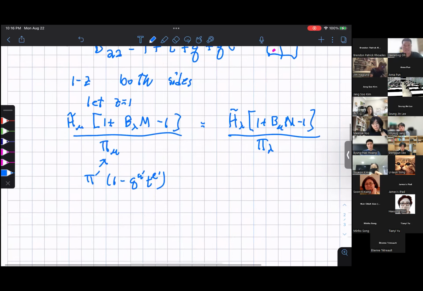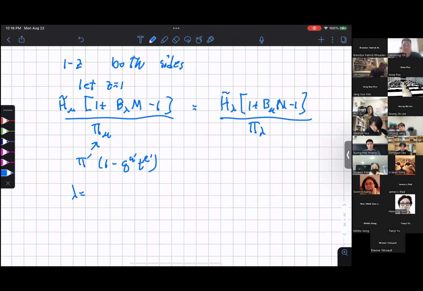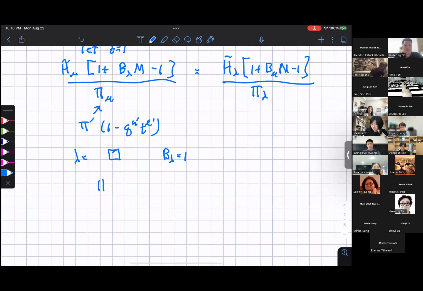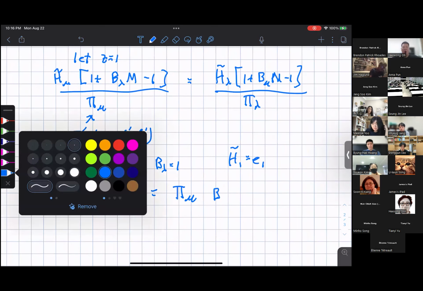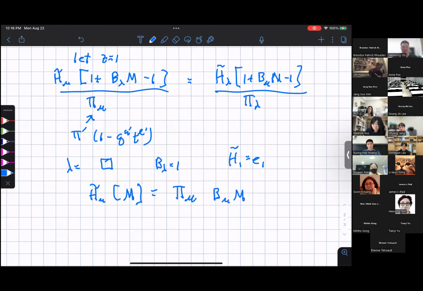Lambda. And then finally, we let lambda equal the partition with the single square. So B lambda just becomes 1. And on the left, now we get H mu twiddle of M. I'll bring this pi mu over to the right, and this pi lambda just becomes 1, and H lambda, so H of a single square, is just E_1, and this becomes B mu of M. Okay.